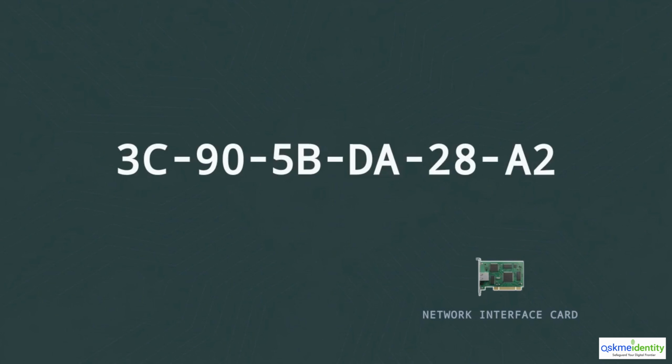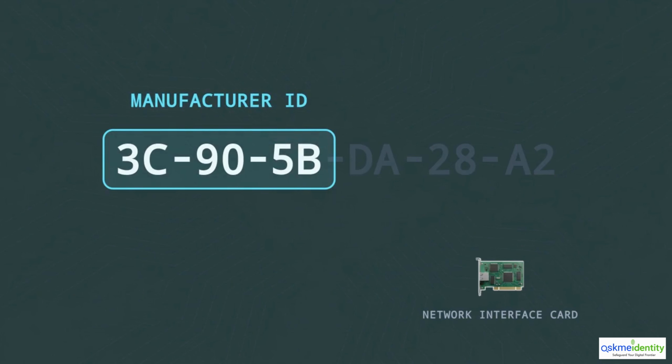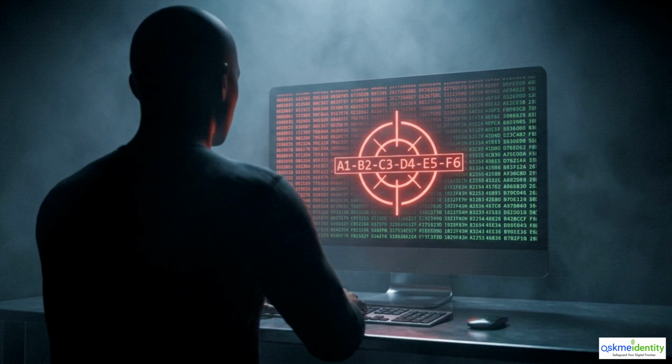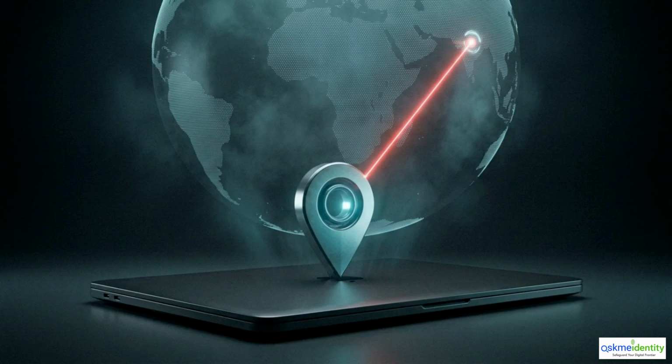Of 12 digits, these first 6 act as a signature, identifying the manufacturing company. The final 6 digits function as a unique serial number, pinpointing the specific hardware inside your device. Because this MAC address is a hard-coded physical trait, cybersecurity teams regularly rely on it to track malicious activity right back to the physical computer used by a hacker.